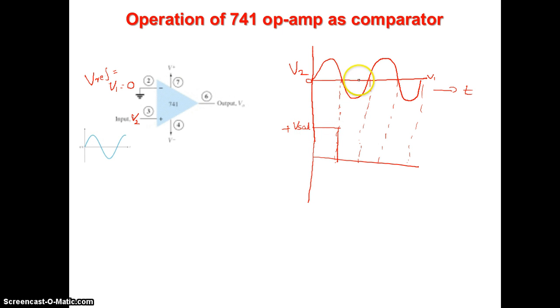Now here, 0 voltage is greater. V2 is now negative, so 0 is greater than that. That means the 0 voltage at the inverting terminal is greater, so the output will go to minus Vsat. Here the plus voltage is greater than the 0 voltage, so it goes to plus. It will repeat like that. This is minus Vsat.